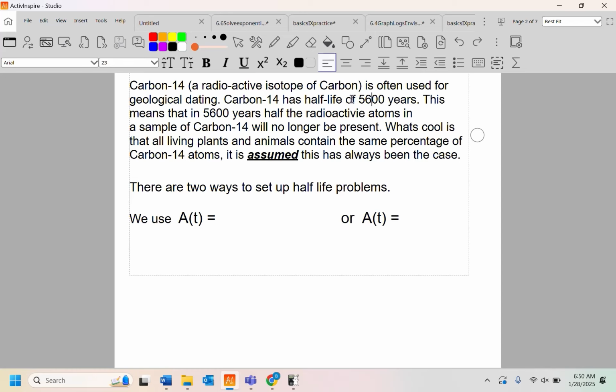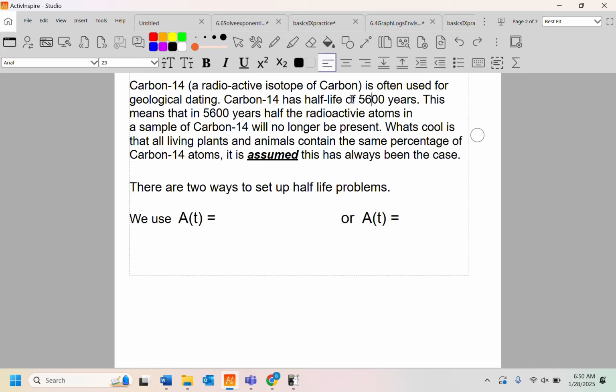What's cool is that all living animals contain the same percentage of carbon-14, and it's assumed that that percentage has always been the same as long as plants and animals have been on this planet. You'll notice I underlined the word assumed. When the sun was younger, it emitted more radiation, and carbon-14 is derived from radiation from our sun.